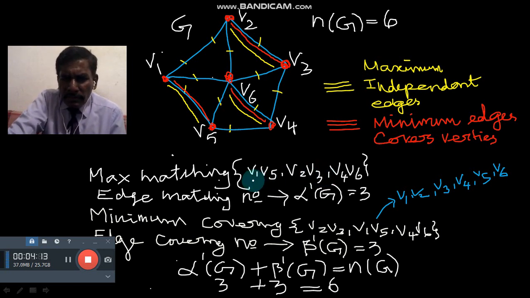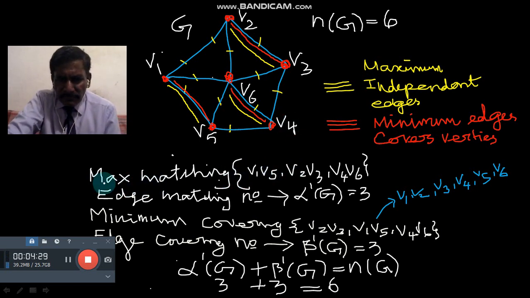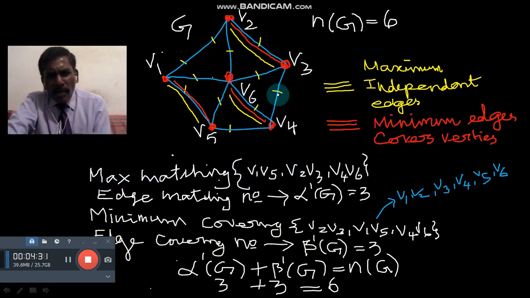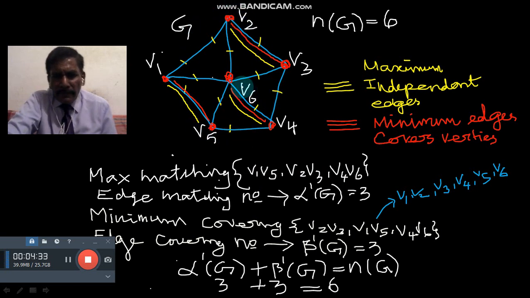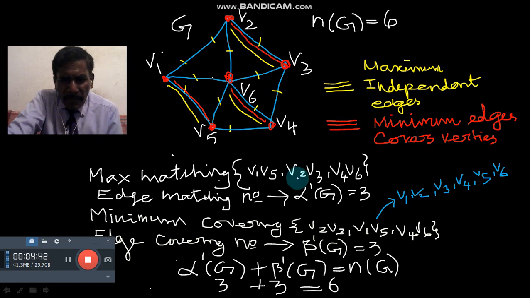So one matching is v1 v5, v2 v3. Another matching is v1 v2 and v6 v4. But out of this particular graph, the maximum number of independent edges possible are v1 v5, v2 v3, and v4 v6.